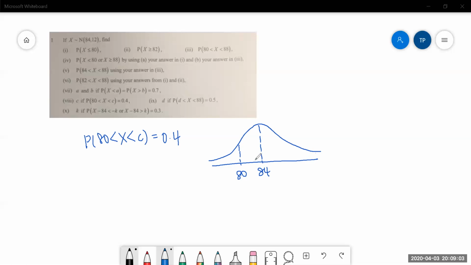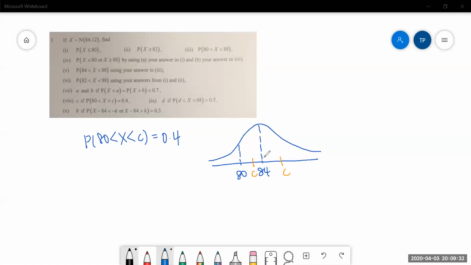So we don't know where this C is, right? Because C can be here. C can be here. We are not sure. In fact, C could have been 84 as well. We don't know.